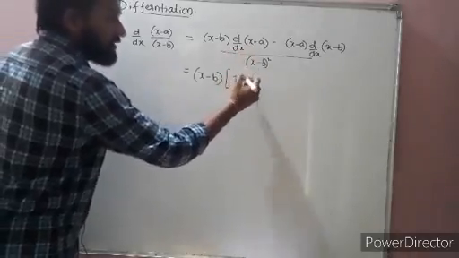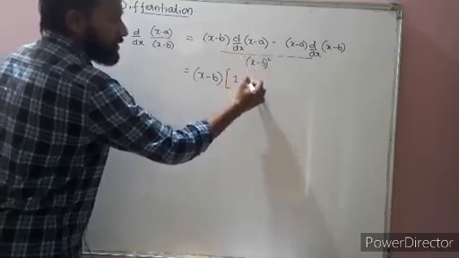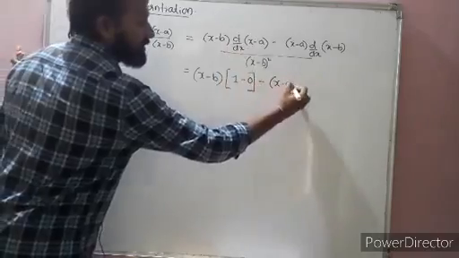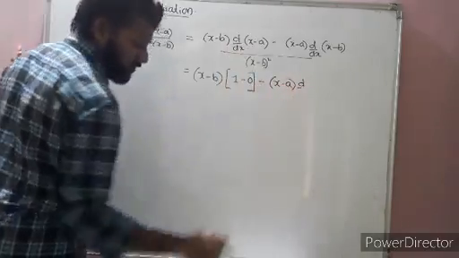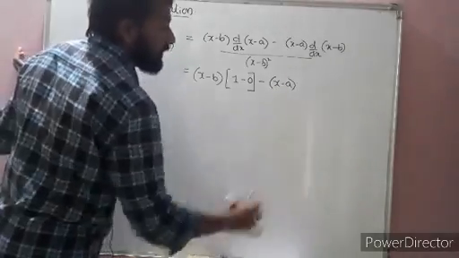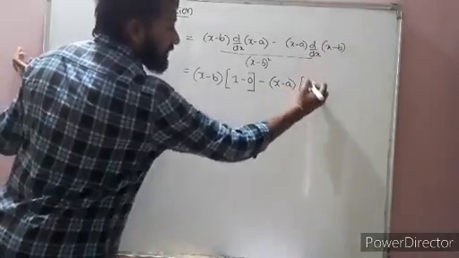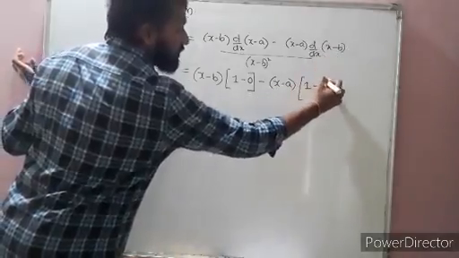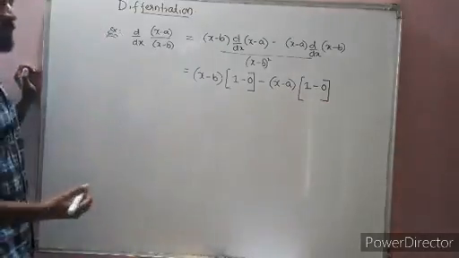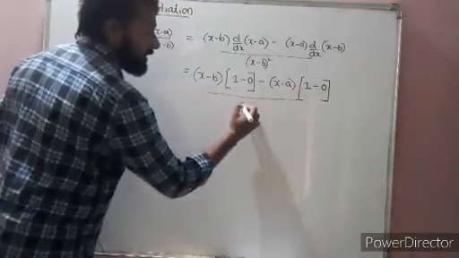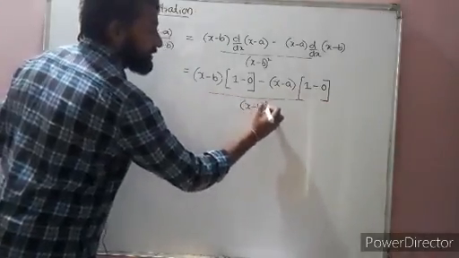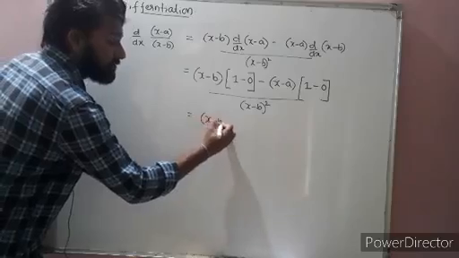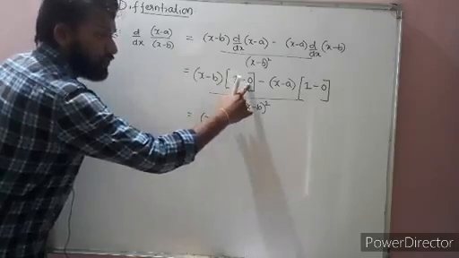I'll write minus, d by dx of constant will be 0, minus, let me write (x minus a) as it is. Again, the derivative of x is 1, minus the derivative of b, which is a constant, equal to 0, whole divided by the denominator square as it is. Now (x minus b) into (1 minus 0).